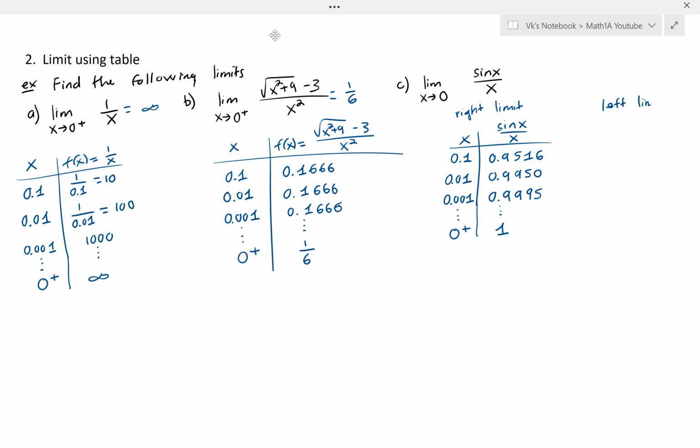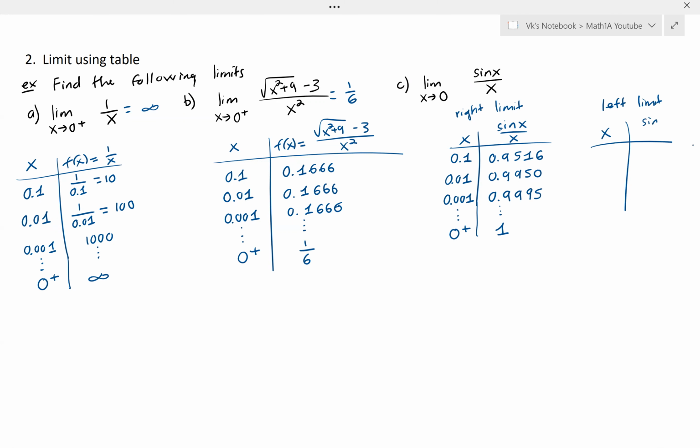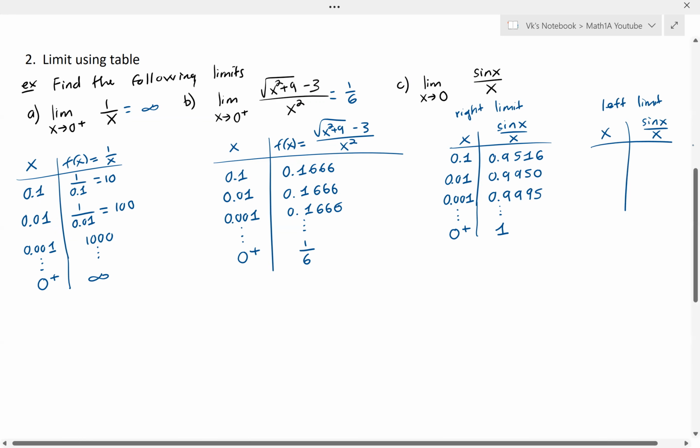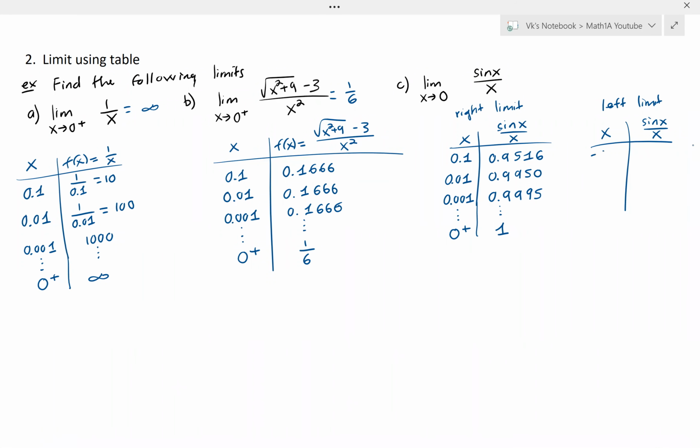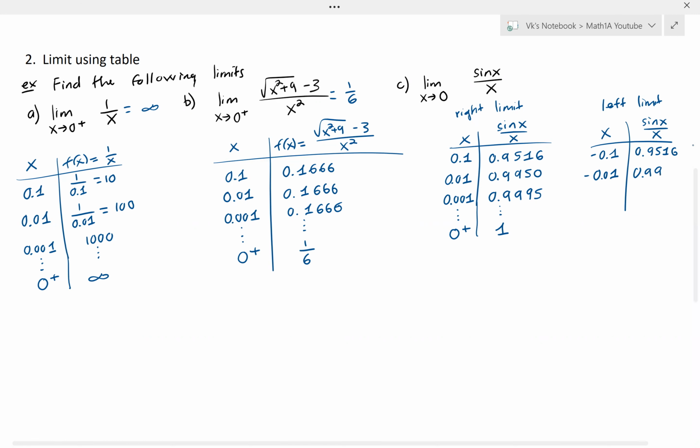Left limit. x, sin(x) over x on the left side of 0 is negative 0.1. Do the substitution. Well, we get the same numbers, negative 0.01, negative 0.001.